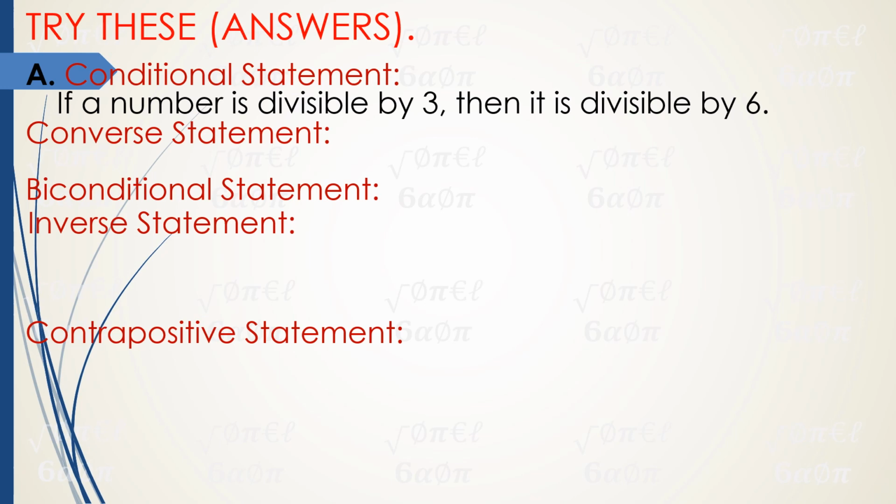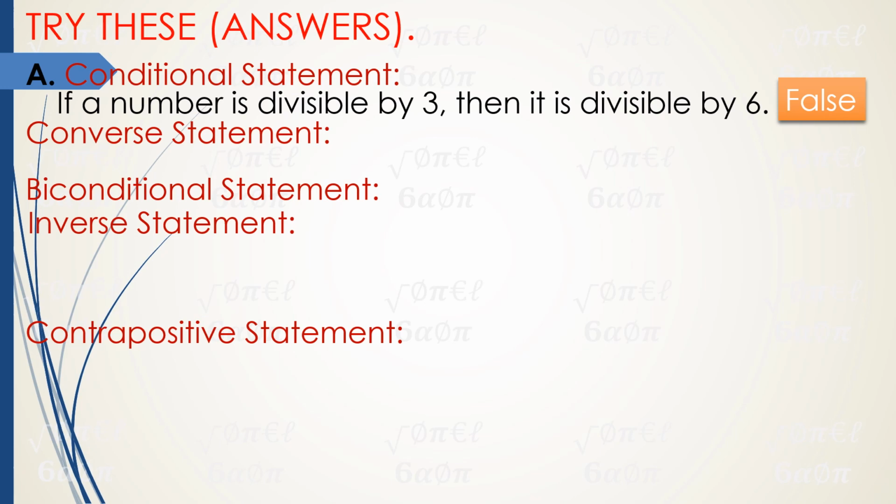Okay, so kung tapos na po kayo sa try this, so let us now check your answers. For letter A, or for our conditional statement, if a number is divisible by 3, then it is divisible by 6. It is a false statement. Kung divisible daw by 3, divisible na raw by 6. So, hindi po ganon. Yung 9 ay divisible by 3, pero hindi naman siya divisible by 6.